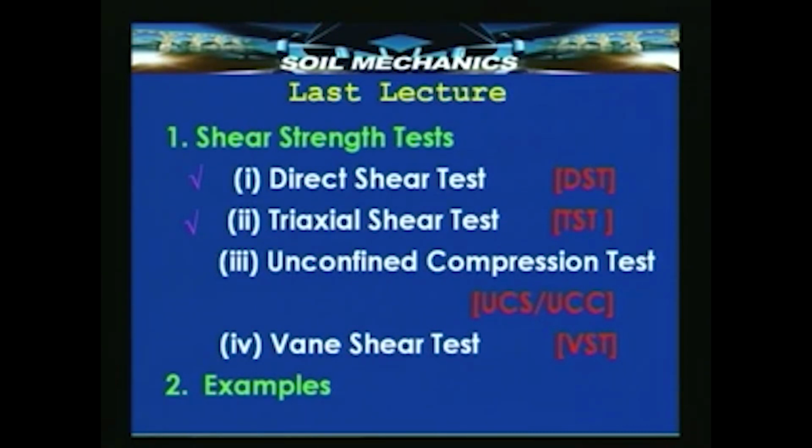We had also seen an overview of the triaxial shear test, TST. Of course, in one of my early lectures, the first one perhaps, I had also given you a general idea about the next 2 tests, the unconfined compression test and the vane shear test.